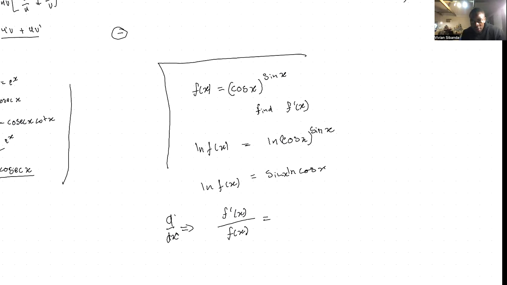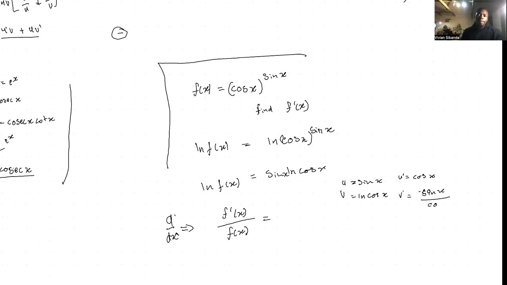So remember, if you have u and v, if u is sine of x, and v is basically ln of cos x. Now, u prime is basically cos of x. Then v prime is basically negative sine, sorry, of x divided by cos of x.